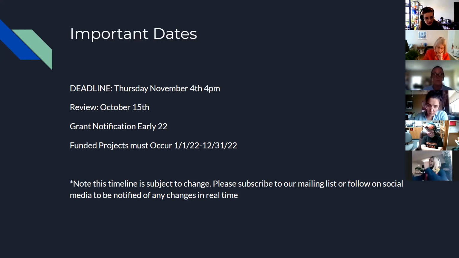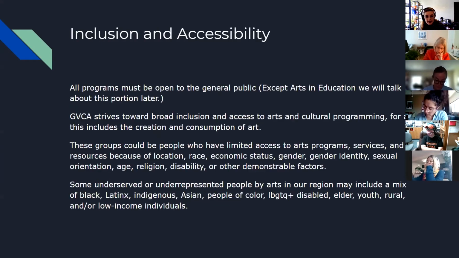So going into some things that affect all three grant types that I wanted to put here, so I'm not repeating myself too many times, is this year we're really making a push towards inclusion and accessibility. We want to make sure this is viewed in all of our grants that we receive. Aside from arts and education, which has its own set of rules, all programs must be open to the general public.